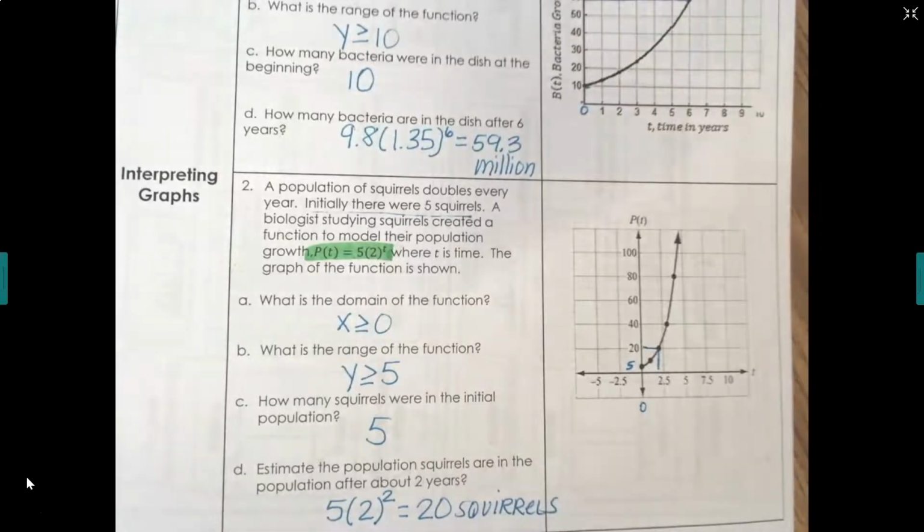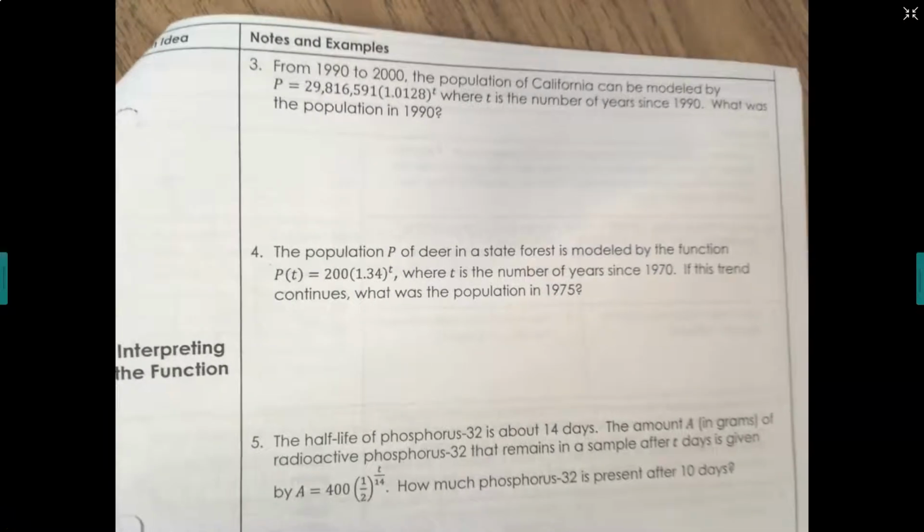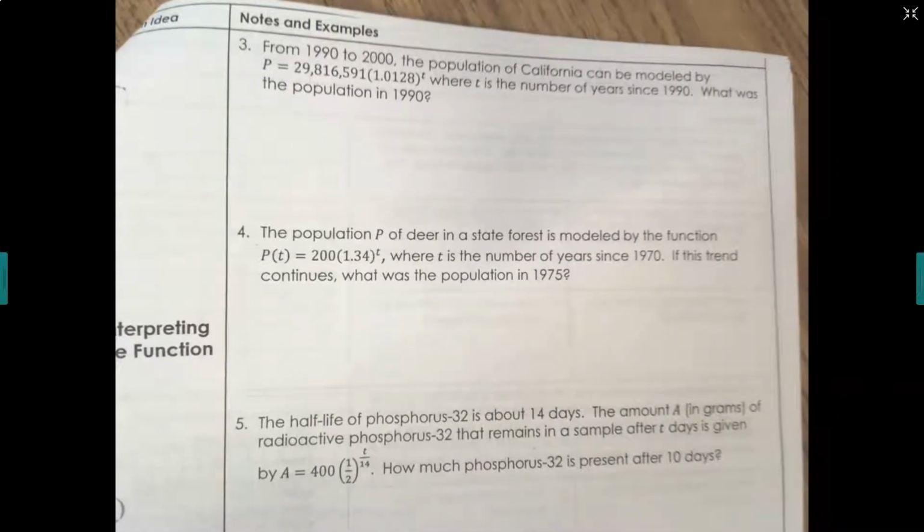All right, let's try the ones on the back and see how we do. Okay, so here's some more examples from word problems, doing some interpretations when we don't have the graph in front of us. So from 1990 to 2000, the population of California can be modeled by P equals 29,816,591 times 1.1028 raised to the t, where t is the number of years since 1990.